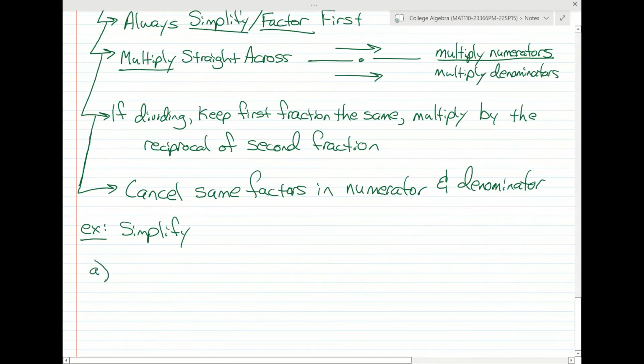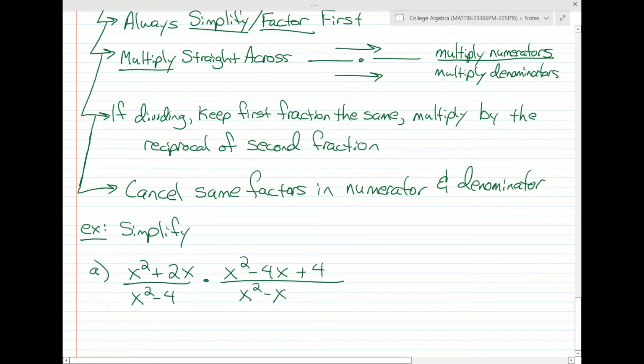Let's take a look at x squared plus 2x over x squared minus 4 times x squared minus 4x plus 4 divided by x squared minus x.